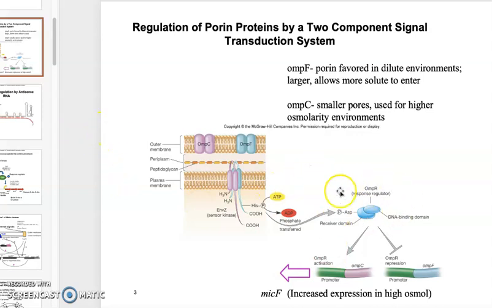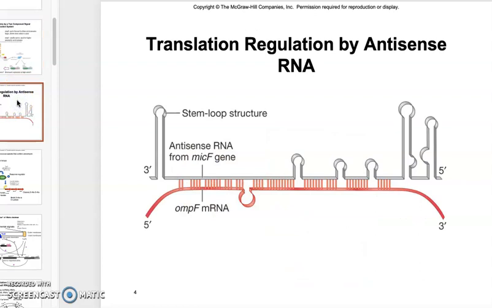The other thing OMP-R phosphate does is activate the expression of a small RNA called MIC-F, which is an antisense RNA. Here's our antisense RNA from the MIC-F gene, and here's our OMP-F messenger RNA. There's a region of homology near the 5' end of OMP-F.